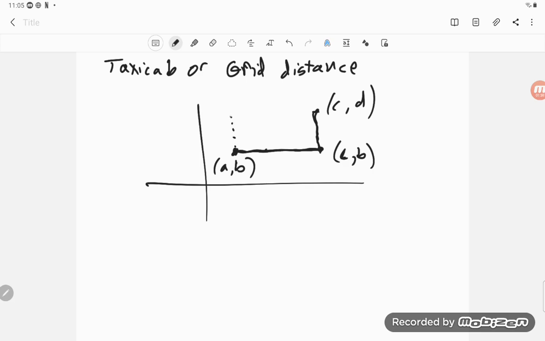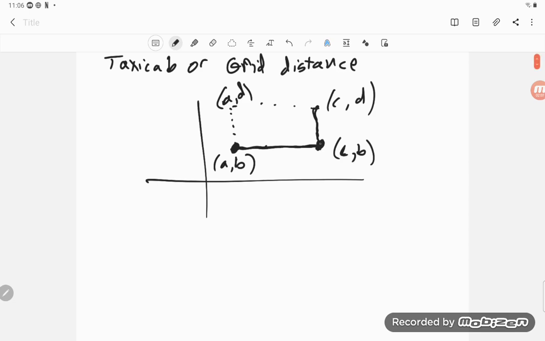Another way to go, I could have instead gone this way, and this point up here would be A for X and D for Y. But when I do this, what I want to think of is I'm going to take the distance from this point here over to here and add it to the regular distance from this point here up to there.